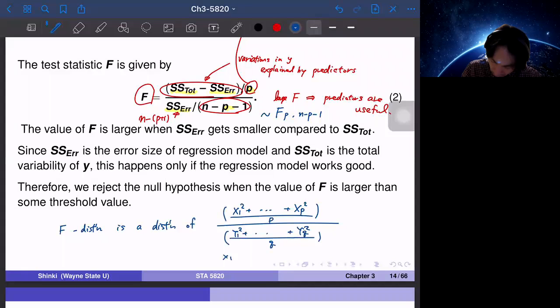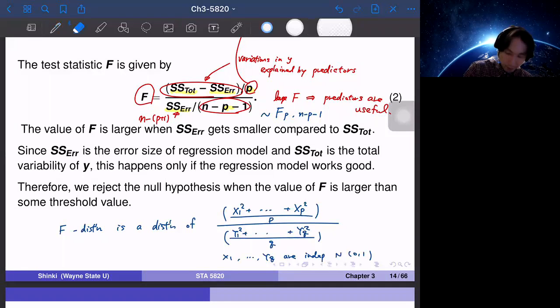And here, x1 to yq are independent normal 0, 1. So this is the F distribution. To be exact, the F distribution with degrees of freedom p and q. So this is defined by this distribution.